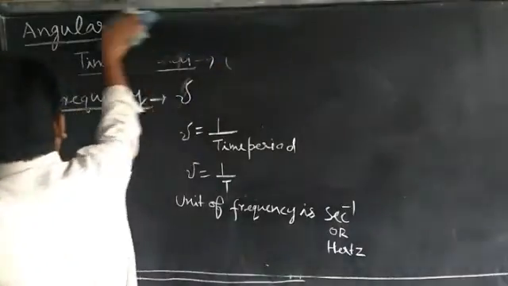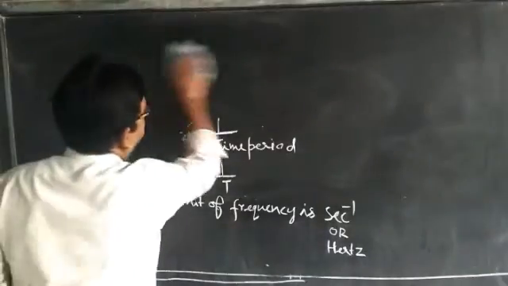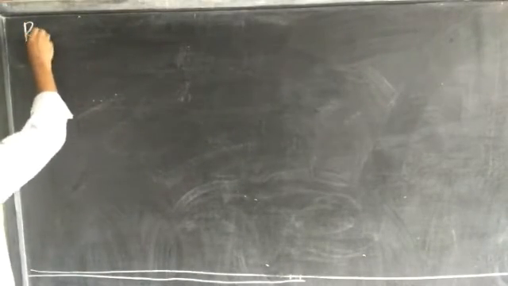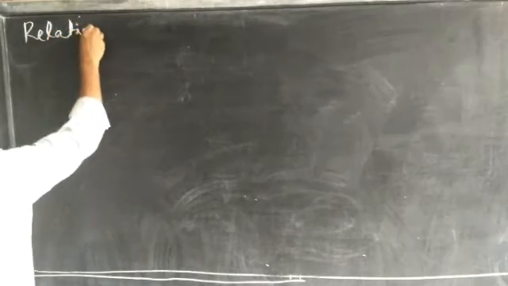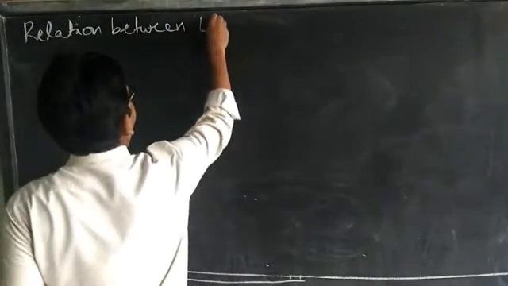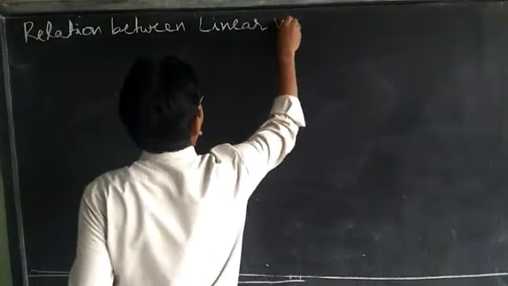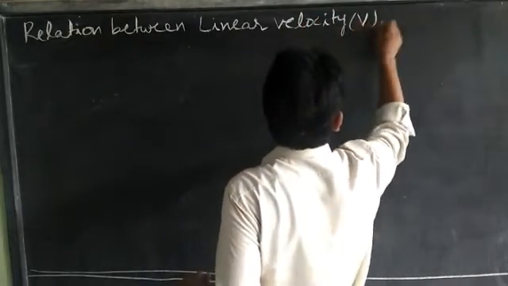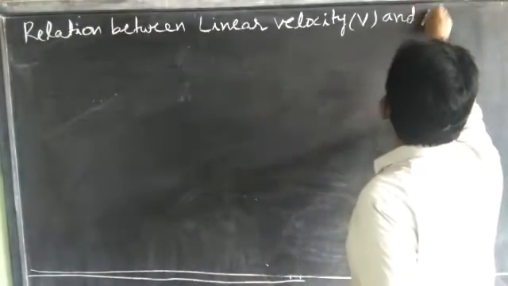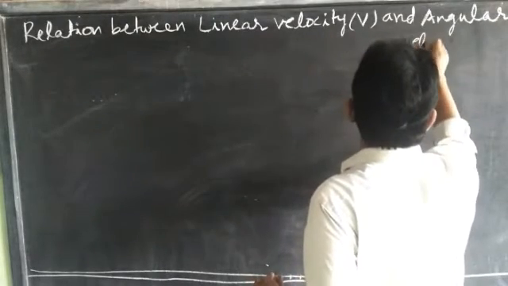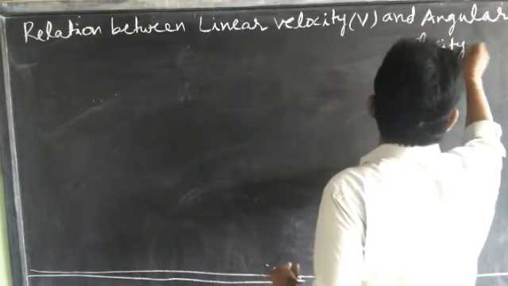Now we will discuss what is the relation between linear velocity v and angular velocity omega.